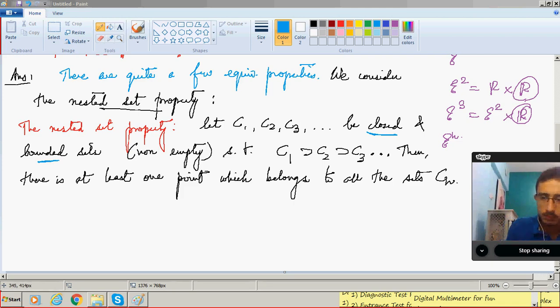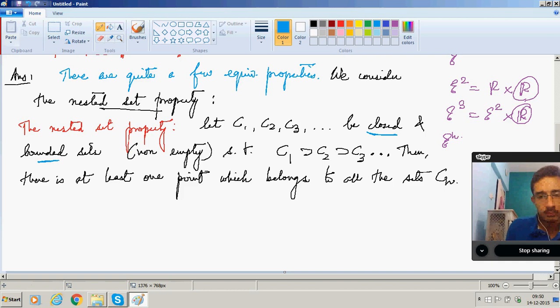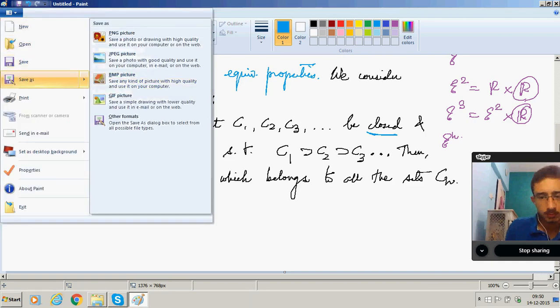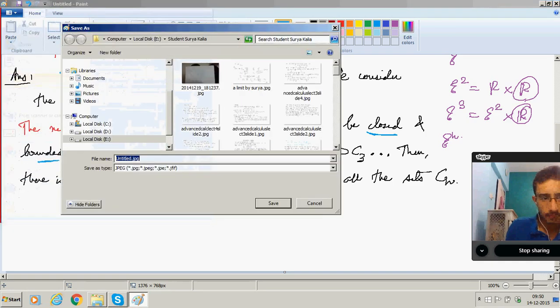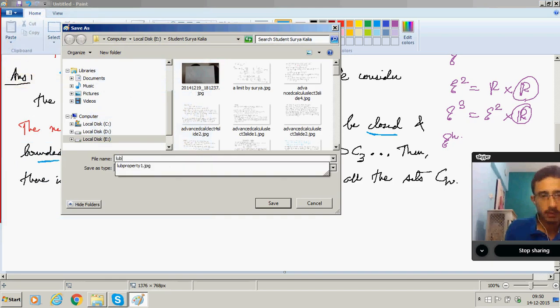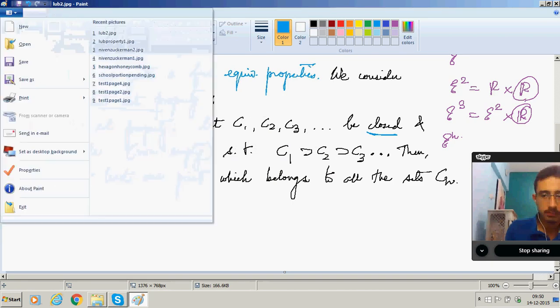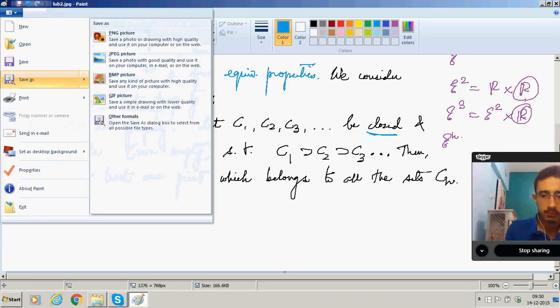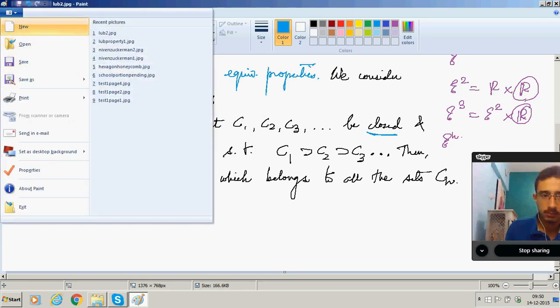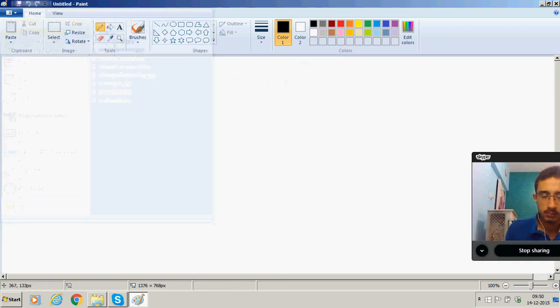So we now come to a very interesting theorem which I think you will have in your next semester. It's the Bolzano-Weierstrass theorem. Bolzano and Weierstrass were two mathematicians.